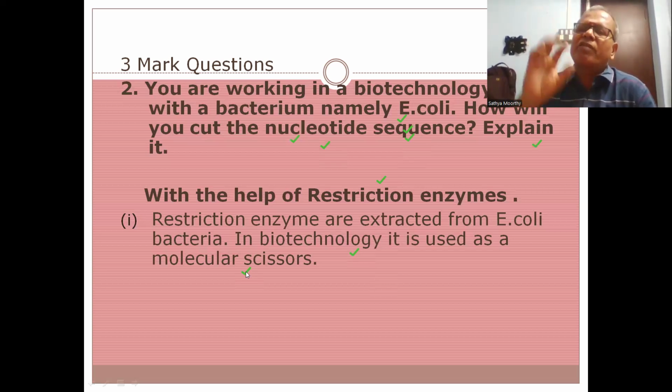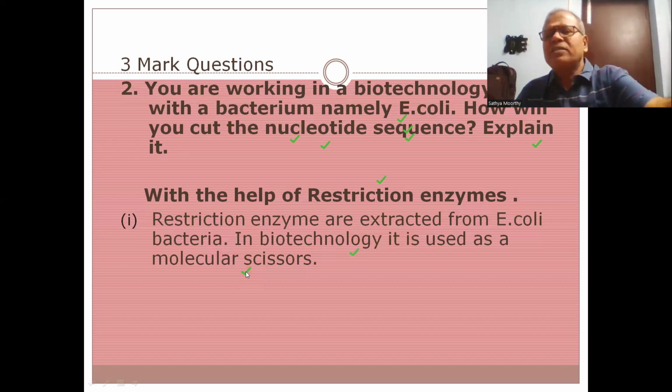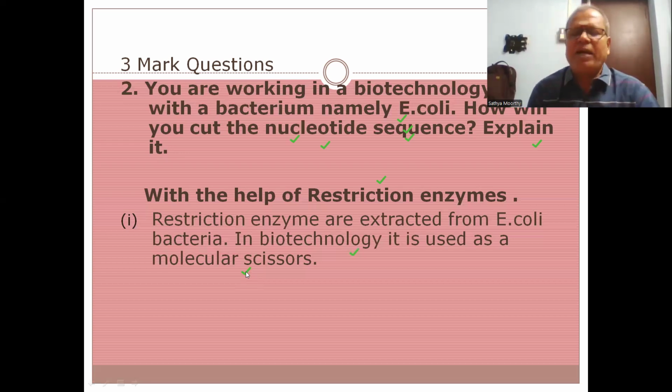The main function of restriction enzyme is to cut the invading viral DNA into pieces. So it's a kind of protection seen in bacterium to kill the viruses, the bacteriophages. Viruses infecting bacteria are known as bacteriophages. So we can cut the nucleotide sequence or DNA using the restriction enzymes.